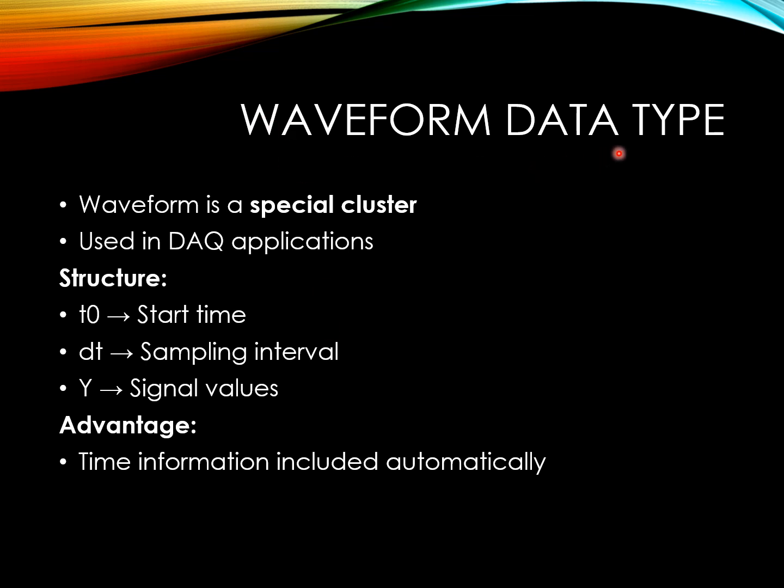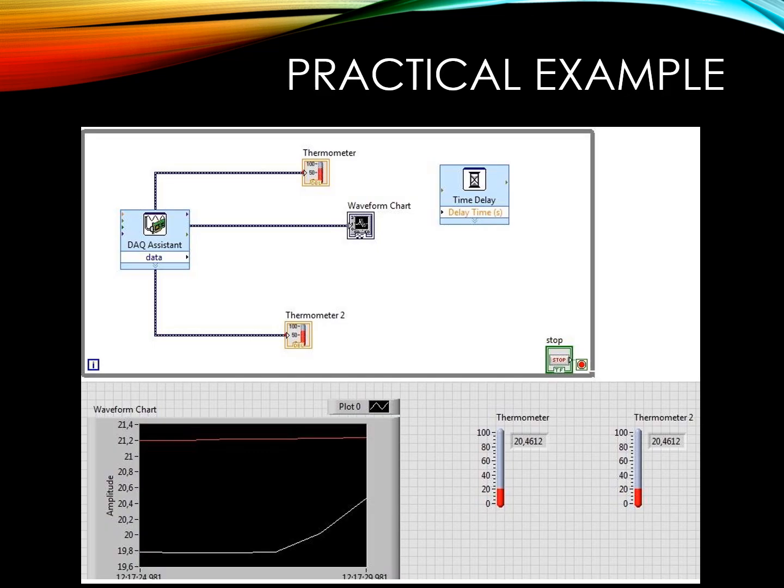And similarly, waveform data types are a special type of cluster where it starts with the T0 signal and it has the sampling rate as we mentioned earlier, and your output signal Y will be a signal which is visualized in your graphical record. So waveform is one of the cluster data.